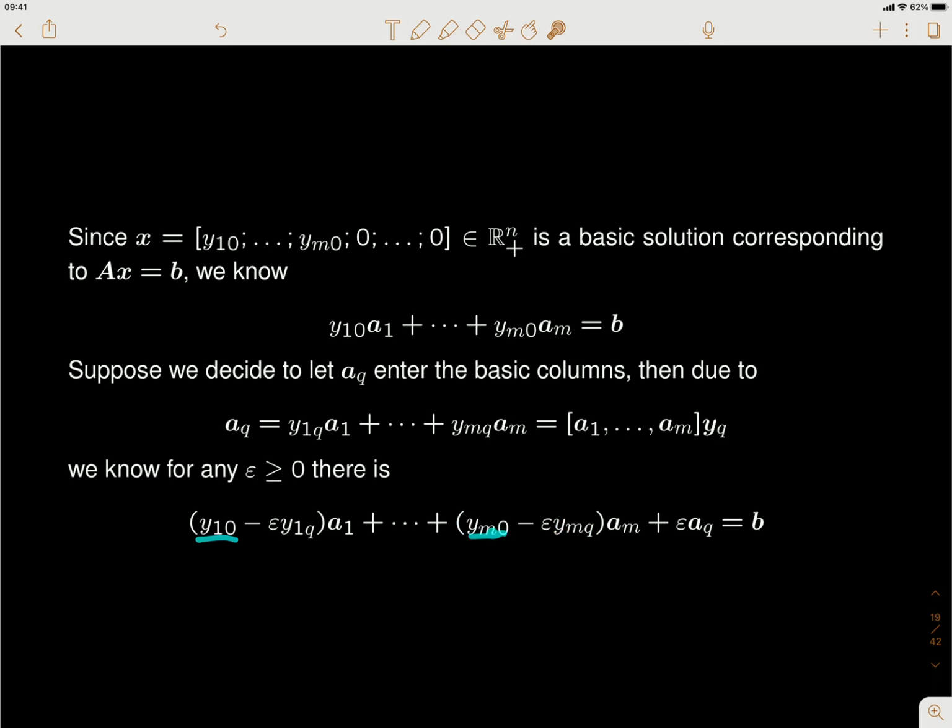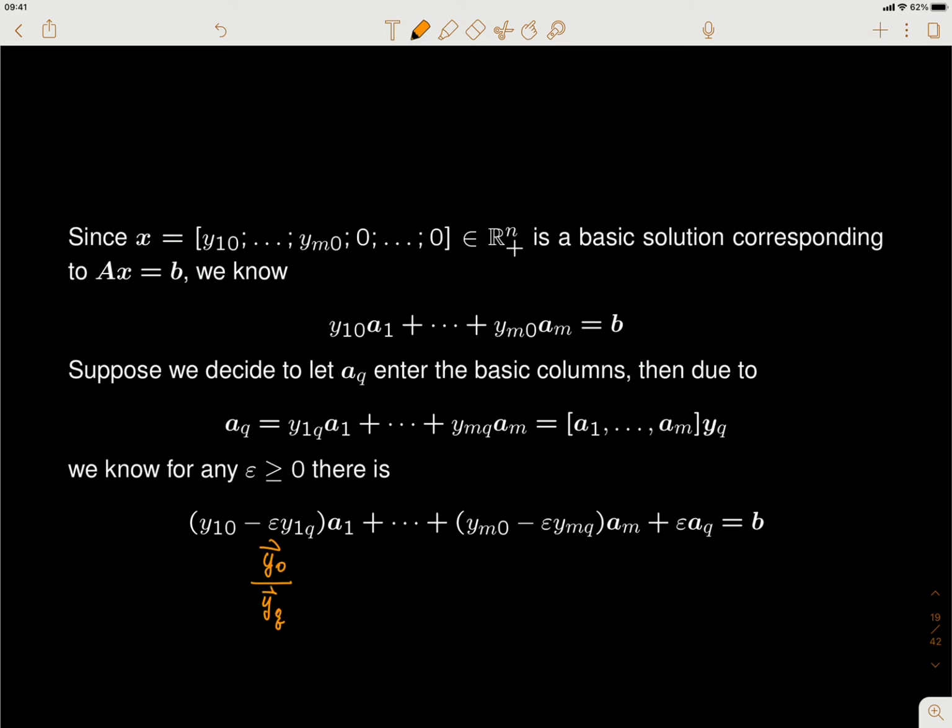Just the first, second, up to the mth component of y0, and then these are just the components of the vector yq. So you can think of this as a component-wise division of the vector y0 by this yq vector.